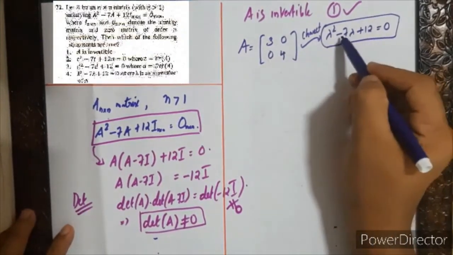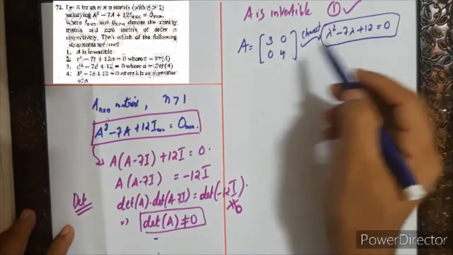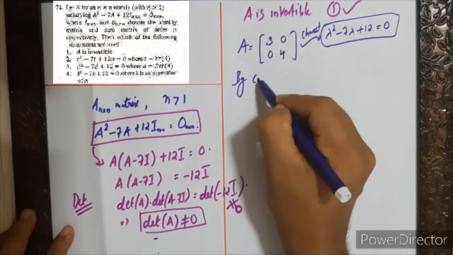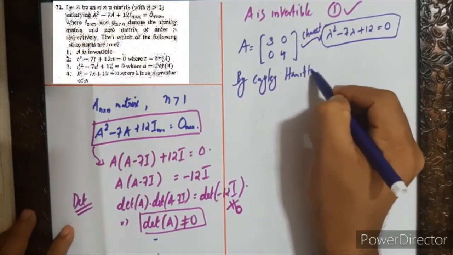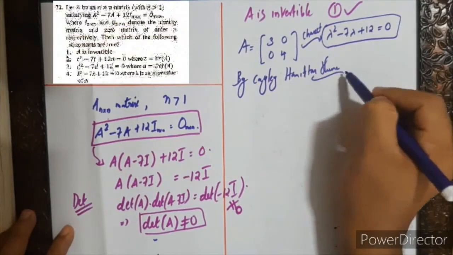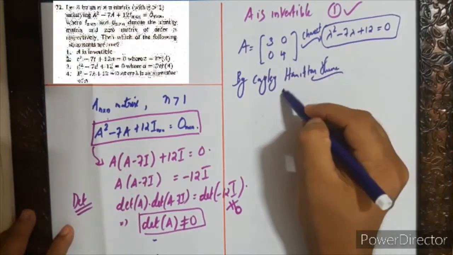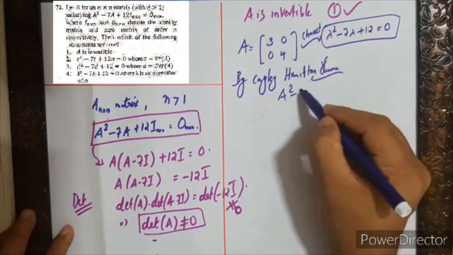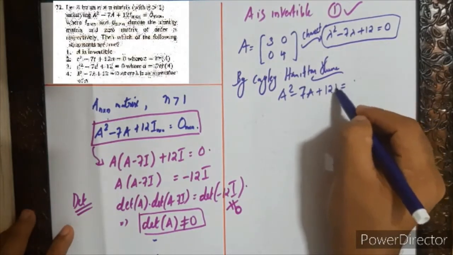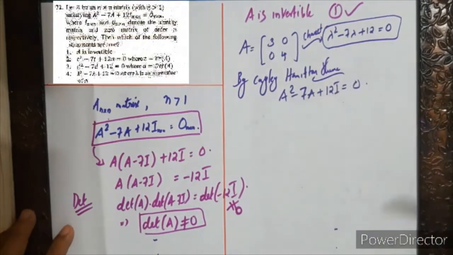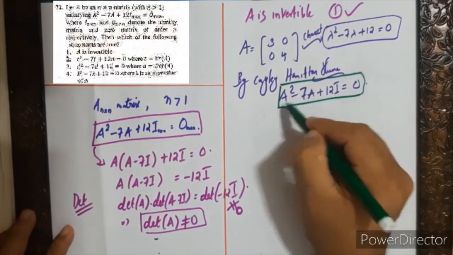Here trace is 7 and determinant is 12. So by Cayley-Hamilton theorem, A satisfies its characteristic polynomial. So A square minus 7A plus 12I is equal to 0. So here our matrix satisfies this.